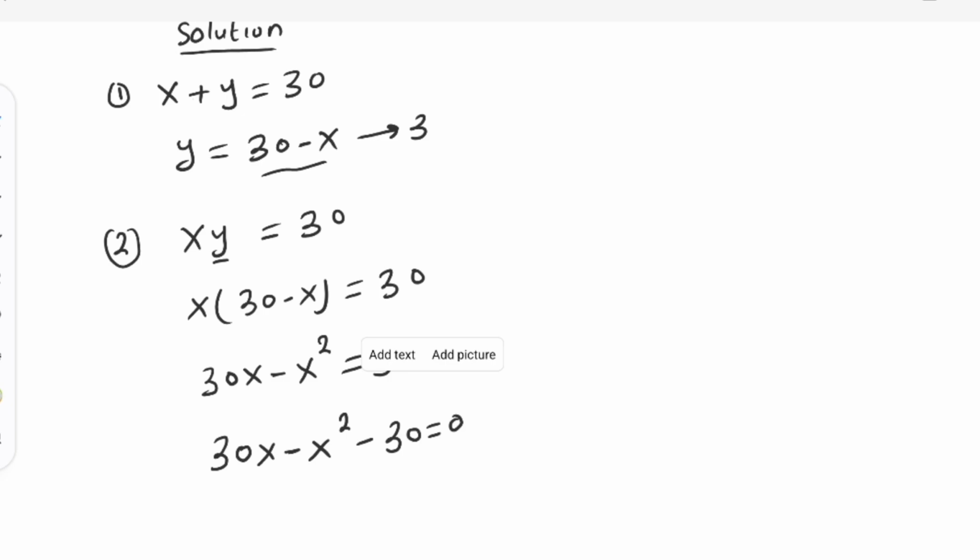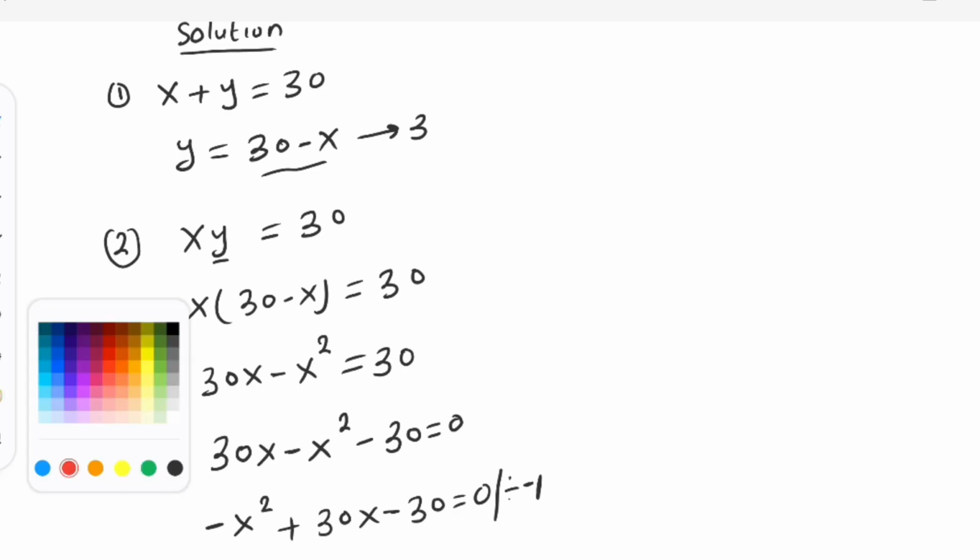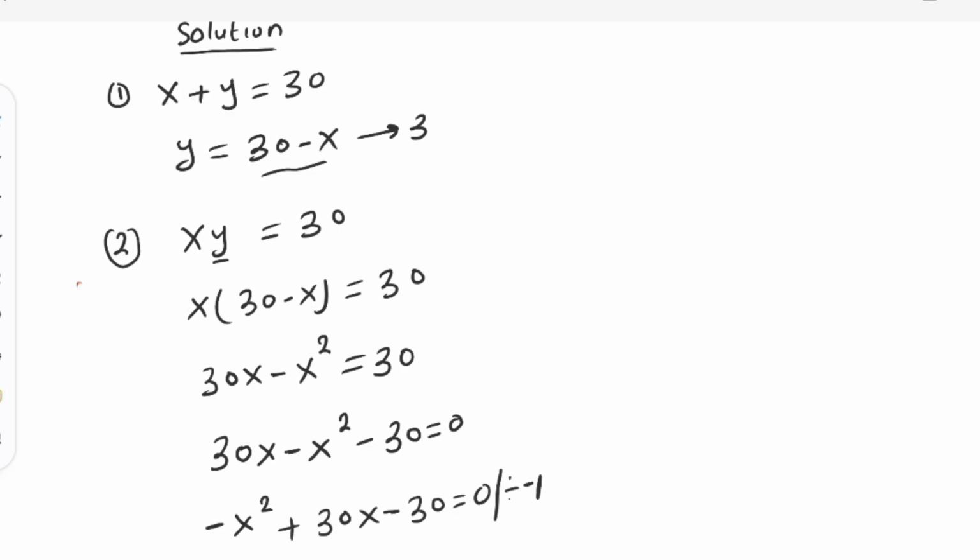And this is minus x squared plus 30x minus 30 is equal to 0. Let us divide the whole of this equation by -1. Then here we have minus x squared divided by -1.